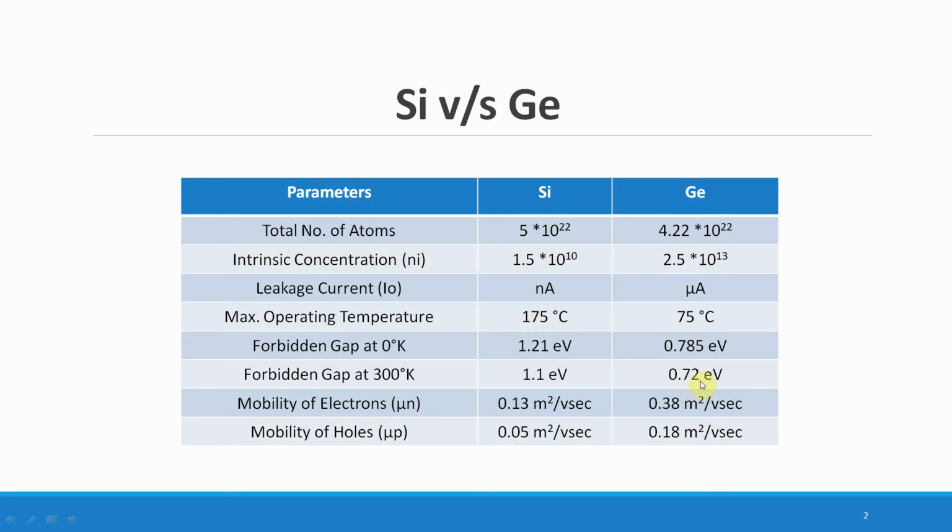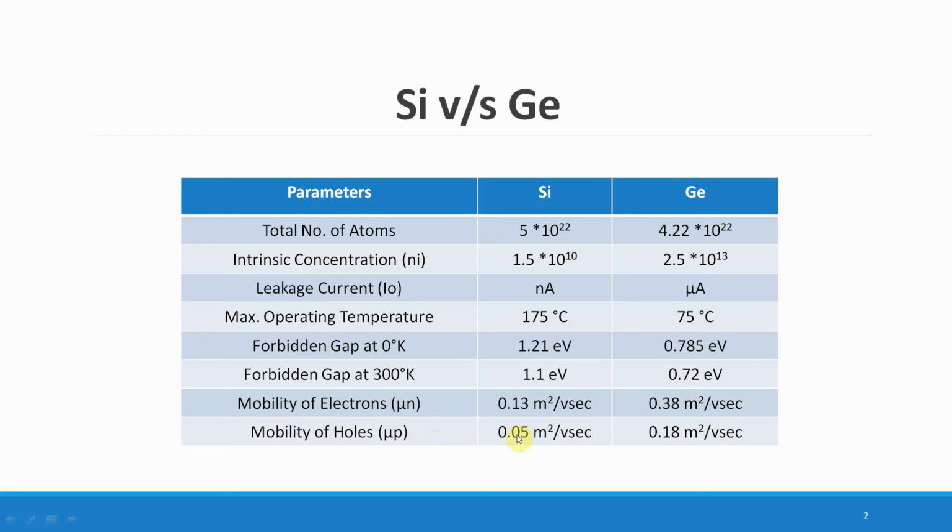Next, the most important factor which determines the conductivity of the material is the mobility. Mobility is a measure of how electrons or holes can travel from one place to another. The mobility of electrons in silicon is 0.13, its unit being meter square per volt second, whereas in germanium it's 0.38.